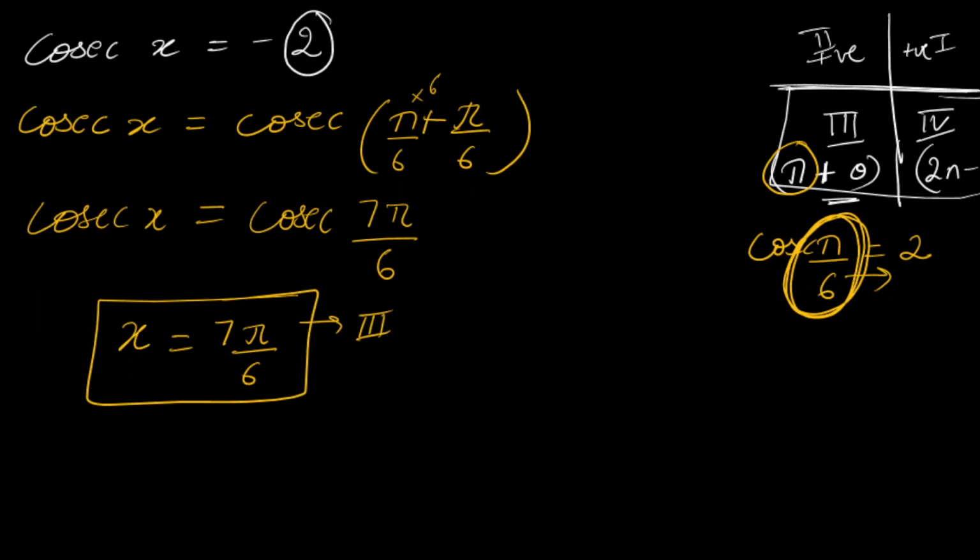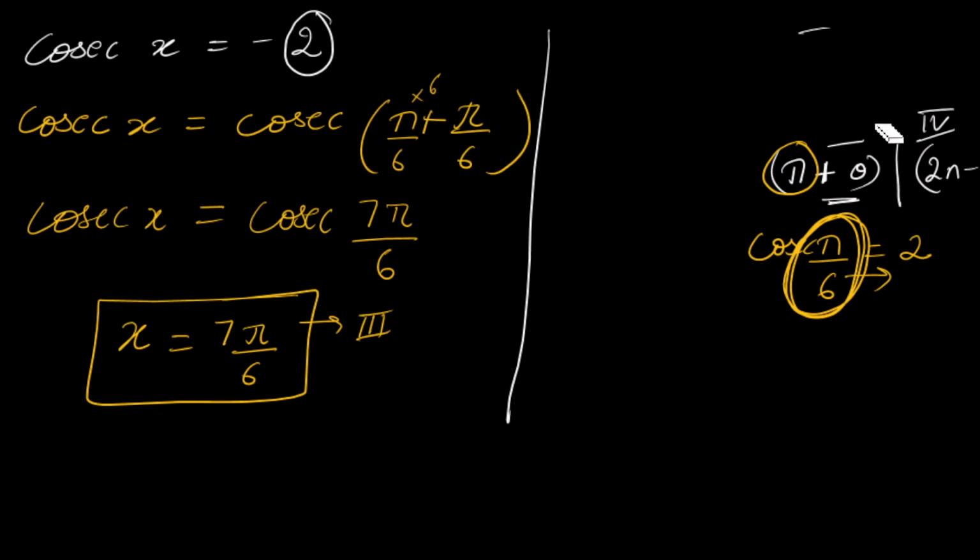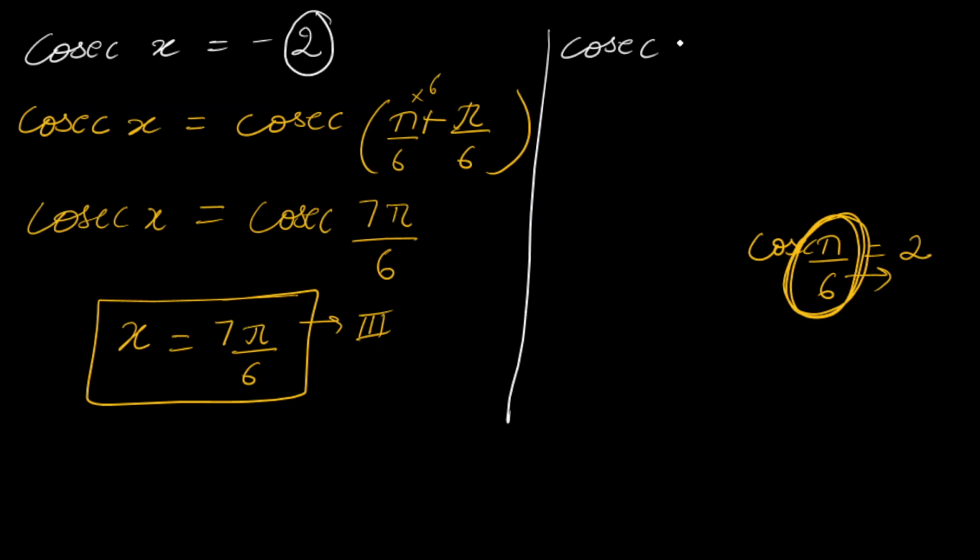Now let's find the value for the fourth quadrant. For the fourth quadrant, you have to remember 2 pi minus theta. Theta is this one, pi by 6. So cosecant x I can write as cosecant of 2 pi minus pi by 6.